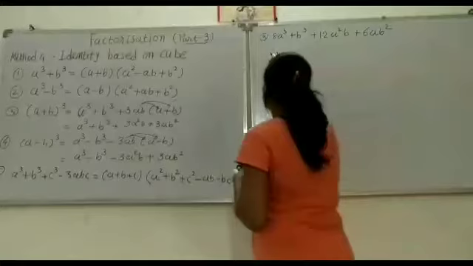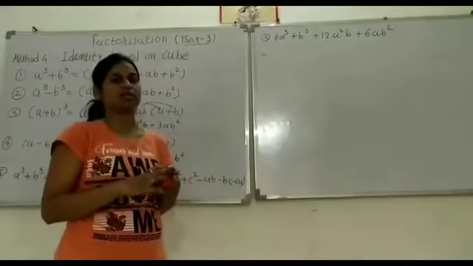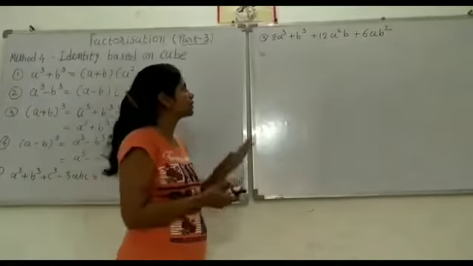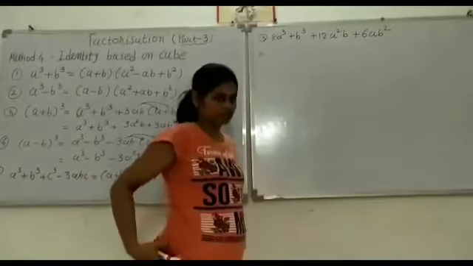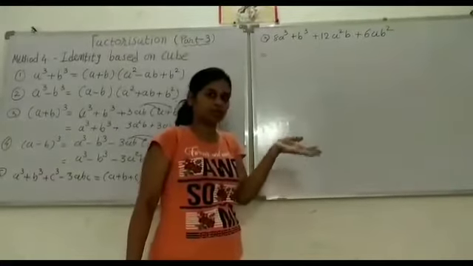Now, how can you decide which identity is related? Here, everywhere there is a plus sign and definitely in between a plus sign, so you think about its cube identity related to plus.